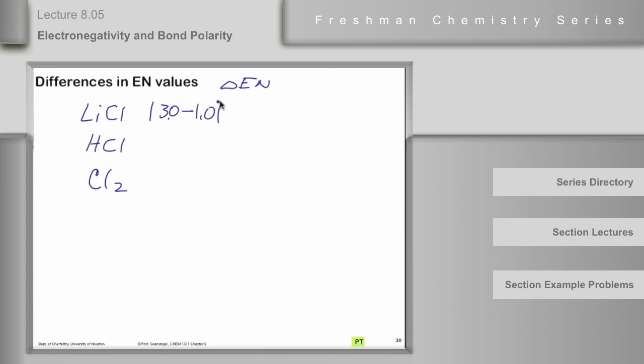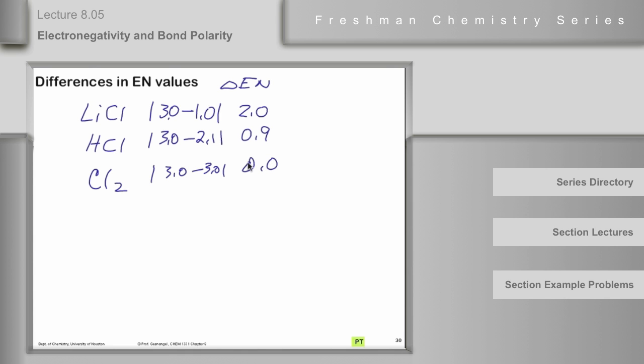So 3.0 minus 1.0, that will give a delta En of about 2. HCl, we have 3.0 minus 2.1, so that's about 0.9. Cl2, we have 3.0 minus 3.0, and so this is 0.0.